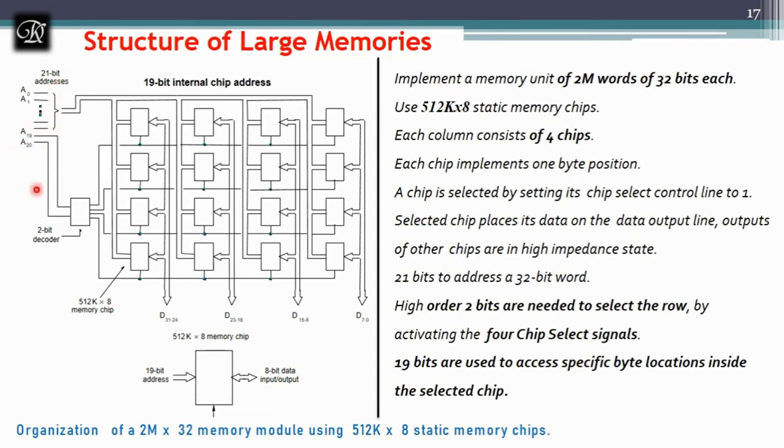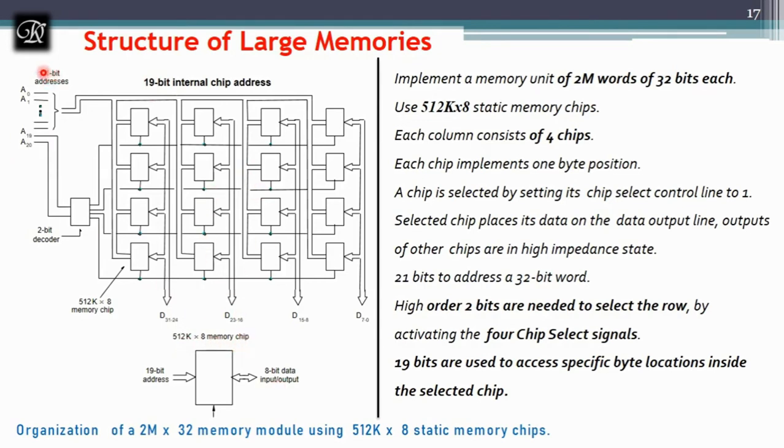So out of 22, we are already having 512K. What we can do is change this to 1024K into 8. So you only have to change address lines, and here out of 19, it will make it as 20. So it is 1024K, and the number of memory chips remains the same, and no other modification is required.